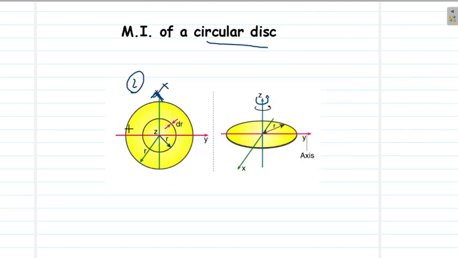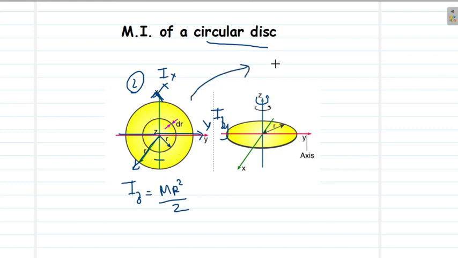This is the x axis and this is the y axis. Both of them lie on the plane of the disk. Z axis is perpendicular to the plane of the disk. We are asked to find out Ix and Iy. We already know the value of Iz, which is m r squared by 2. Due to the symmetry of the disk, Ix and Iy are equal.